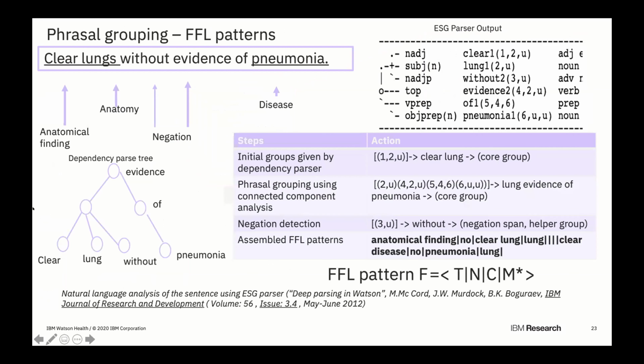Then we use a technique called phrasal grouping, which does a dependency parse tree analysis of the natural language sentence, and it successively groups these into larger and larger connected components that link core findings with the associated modifiers as well. The modifiers themselves are also in our chest X-ray lexicon.